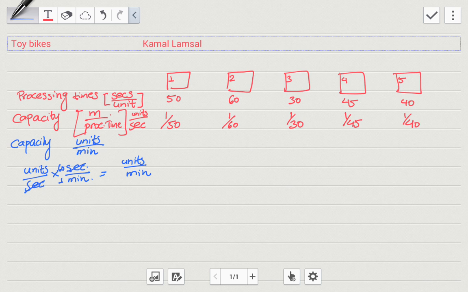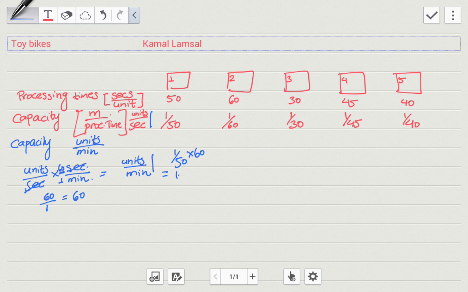Thus, we can get rid of the seconds. So to go from units per second to units per minute, we multiply by 60 divided by 1, which is the same as 60.